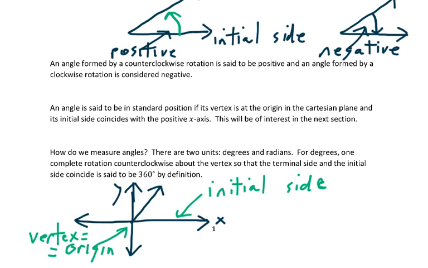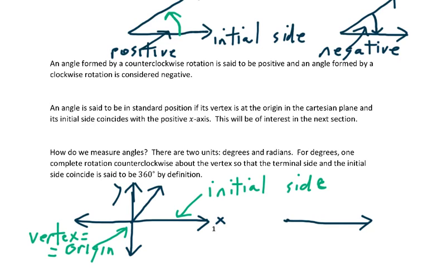Okay, now before we get to that, let me say this. As I did mention before, there's really two units for measuring an angle: degrees and radians. Now, degrees might be more familiar. There is a formal definition of it, but let me just say this. If you do a complete rotation, let me see if I could draw this. So here's the initial side of an angle.